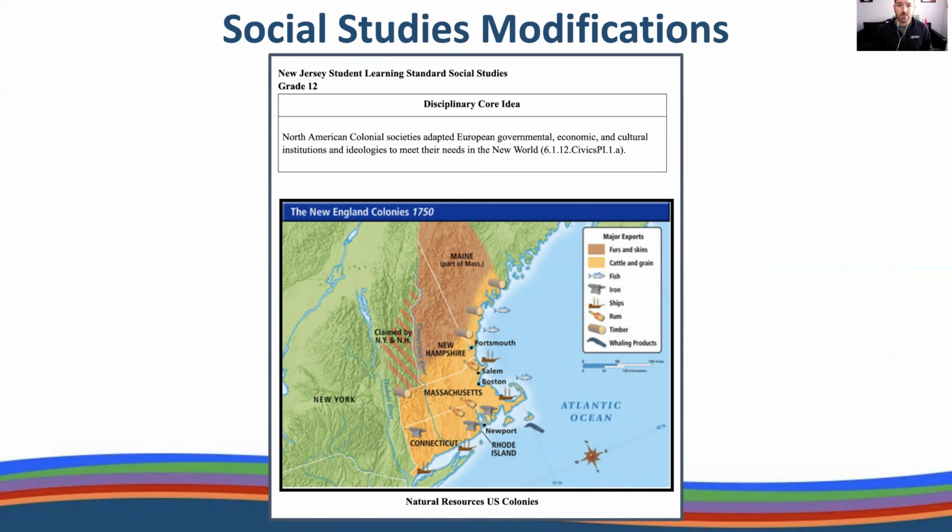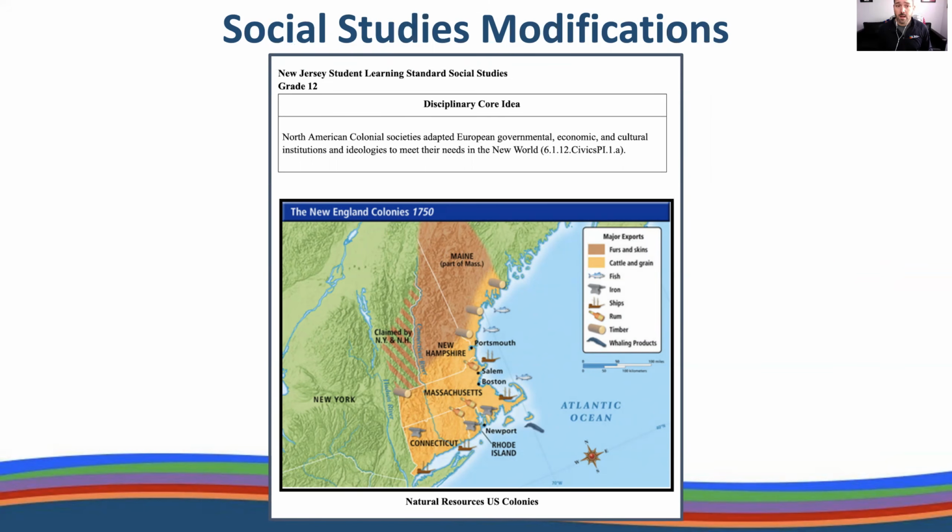So an example of a social studies modification, you notice that this is a grade 12 standard. I purposely am using higher level standards because that gets more abstract. And I want you to be thinking about how to take even abstract content and make it accessible for all students. So the disciplinary core idea is North American colonial societies adapted European governmental, economic, and cultural institutions and ideologies to meet their needs in the New World.